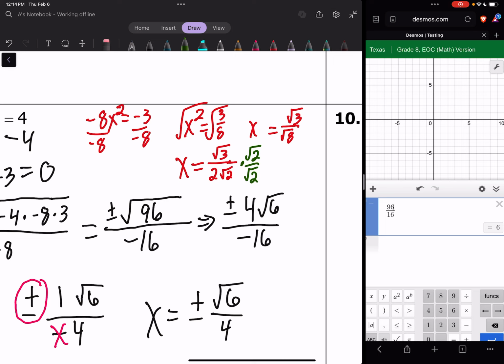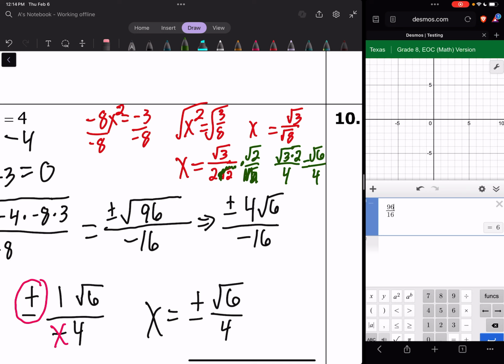Whenever I do this, the bottom square root 2, so the square roots are going to cancel. I'm left with 2 times 2. So I have 4 on the denominator. And on top, I have 3 times 2, which is square root of 6 over 4, which is the same answer as I have below.